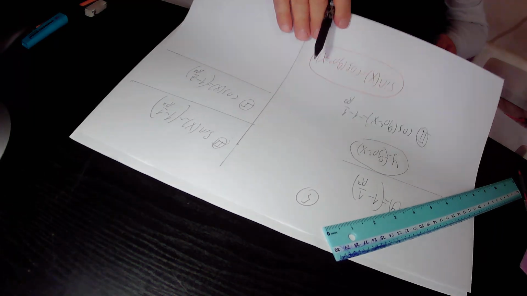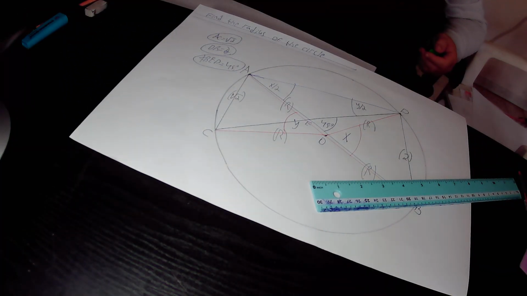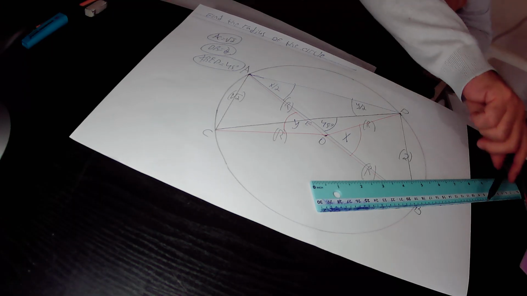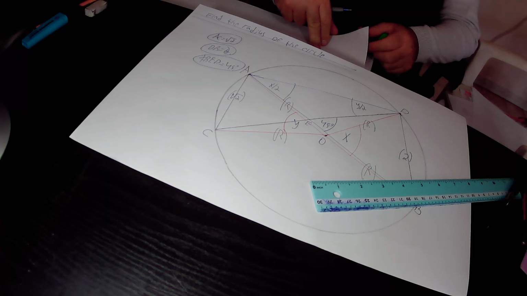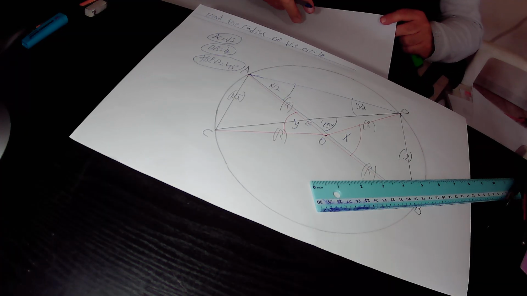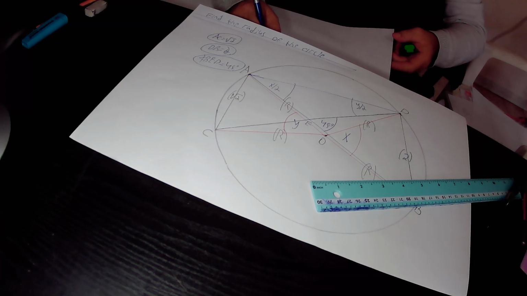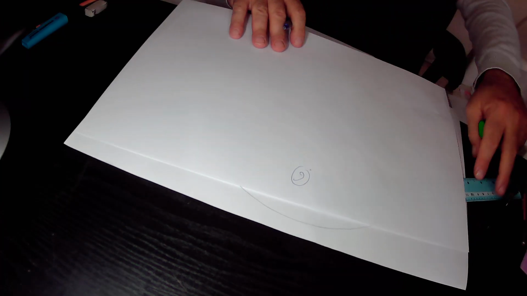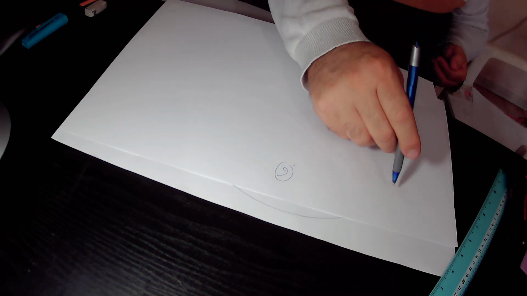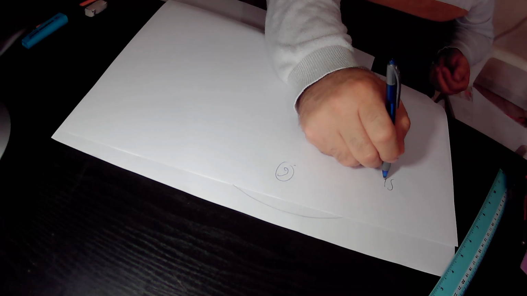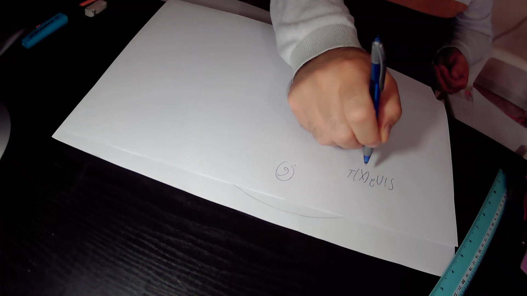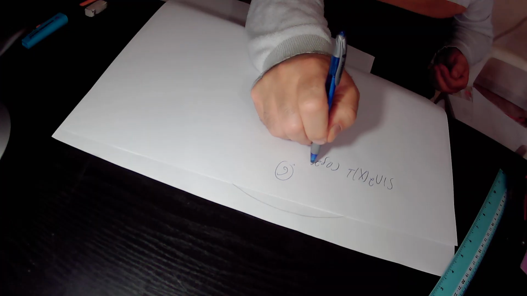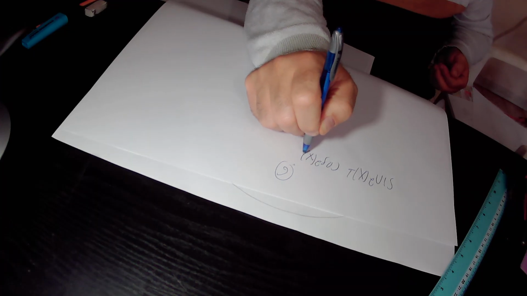In the next step, we'll use the trigonometric identity. It states that sine squared x plus cosine squared x equals 1.